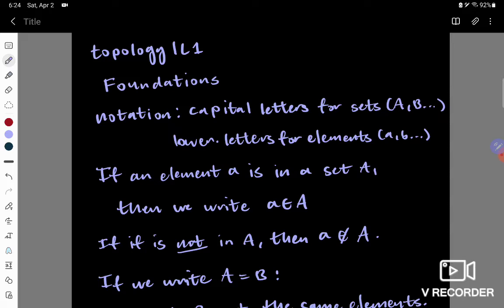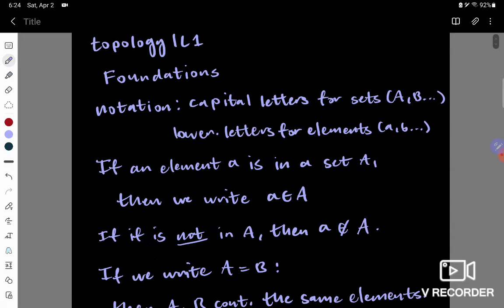So let's start with the foundations, which have to do with set theory and mathematical logic, because those not only underlie topology, but all of math in general. We'll use the approach known as naive set theory, as opposed to axiomatic set theory. Naive doesn't mean unaware, or foolish.